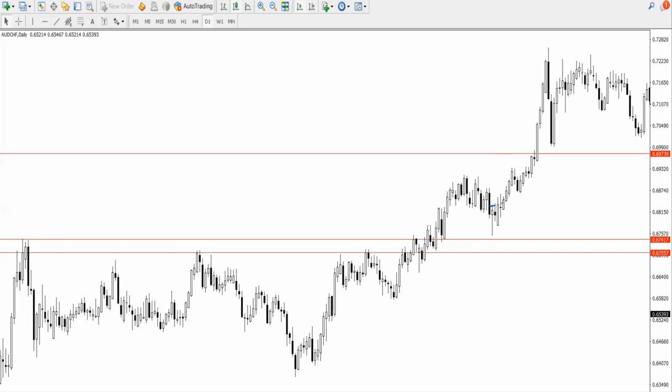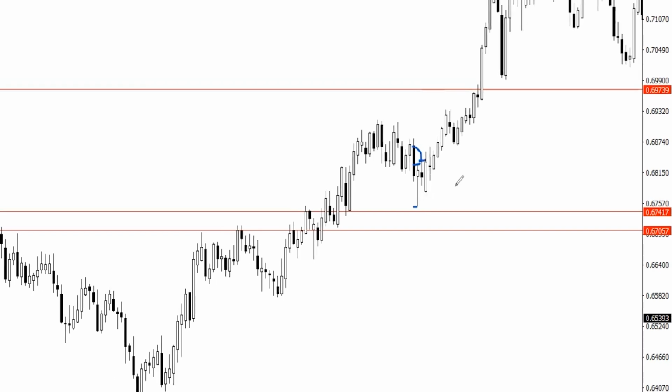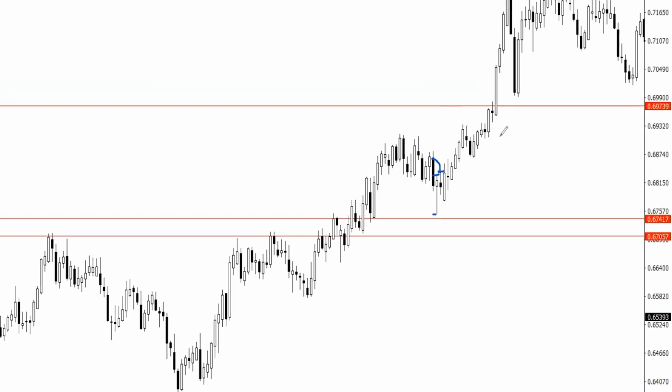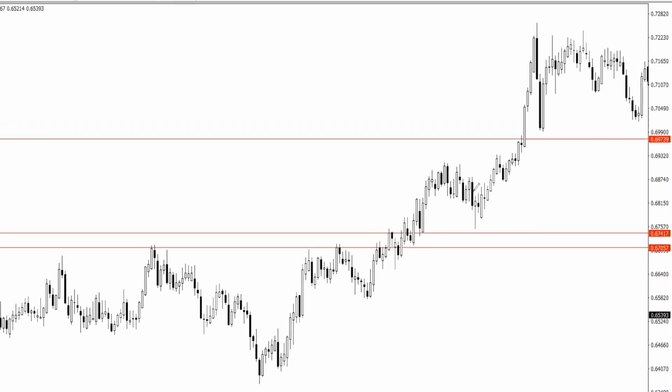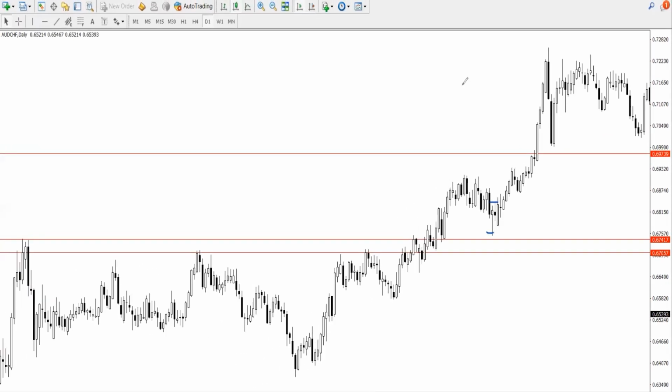So here we have another bullish pin bar. Once again, if you were to take a standard entry, which would be a buy stop just at the high, you would have been triggered by the candle the very next day, and your stop loss is just below the pin. And obviously this would have gone on for a very, very nice win for those traders who traded the bullish pin bar.